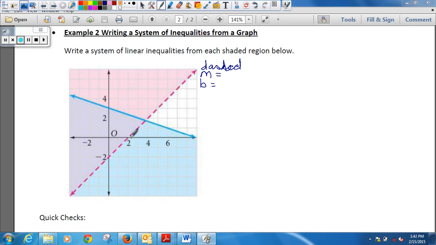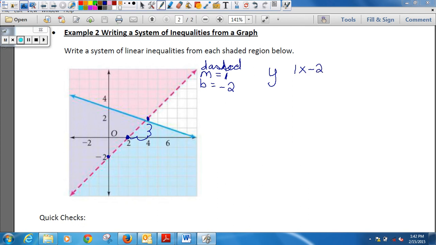Okay, so I have to find 2 points exactly on this line. 0, negative 2, and I'm going to go 4, 2. So I go over 4, up 4, so my slope is 1. And it crosses the y-intercept at negative 2. So my first equation is y, I'm going to leave this sign blank for now, 1x minus 2.